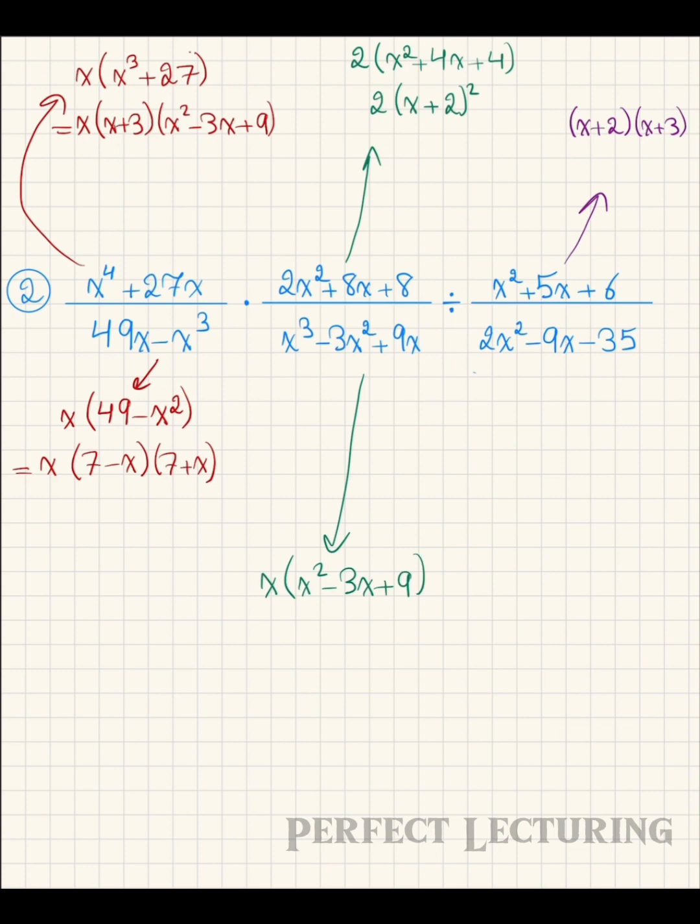Now this is an irreducible trinomial. If you try to find two numbers whose sum is minus 3 and whose product is equal to 9, it never works. We won't be able to find such two numbers, so that is an irreducible polynomial. Finally, we have another trinomial, so it becomes 2x plus 5 into x minus 7.